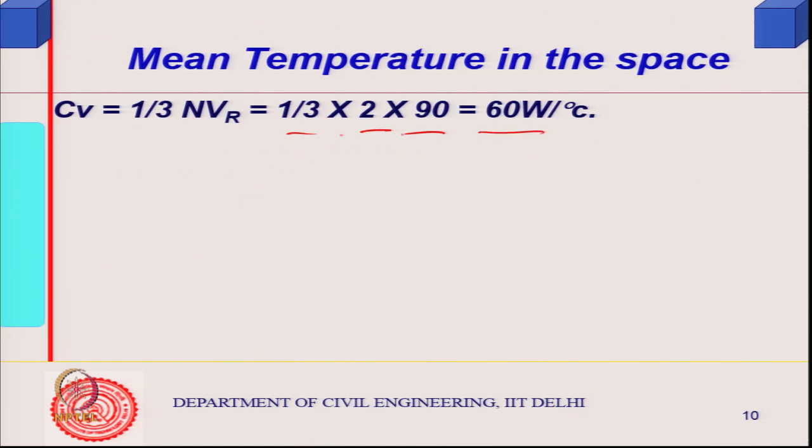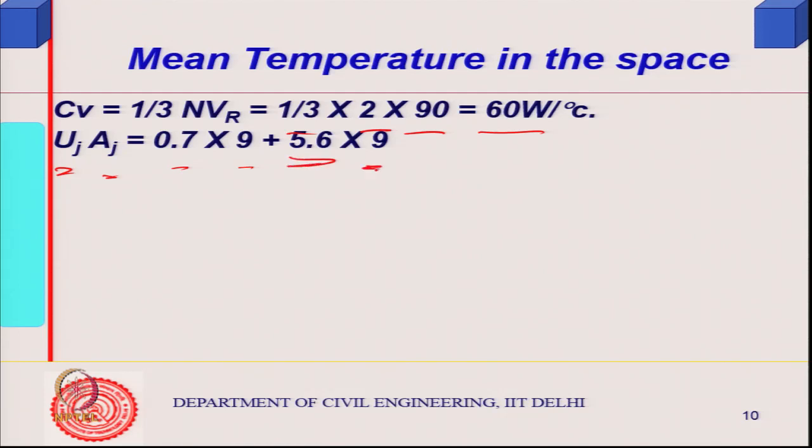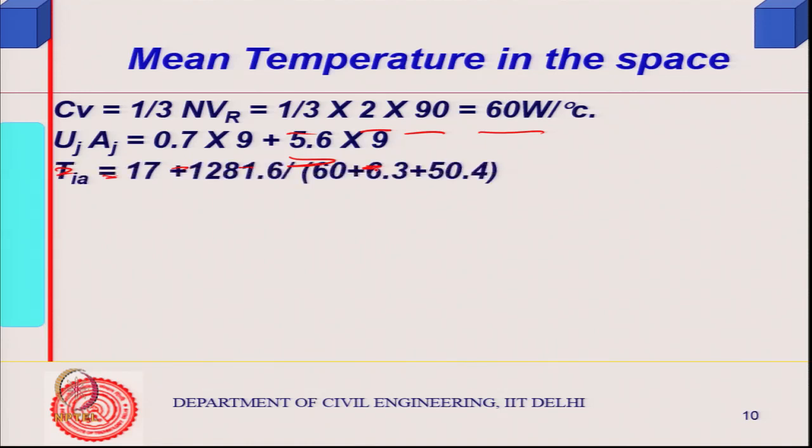It is approximately 60 watt per degree centigrade, CV into delta T, and plus the sum of U A for the wall, 0.7 into 9, and for the glass portion, 5.6 into 9. The sum comes out to be 6.3 plus 50.4 plus 60, about 116.7.